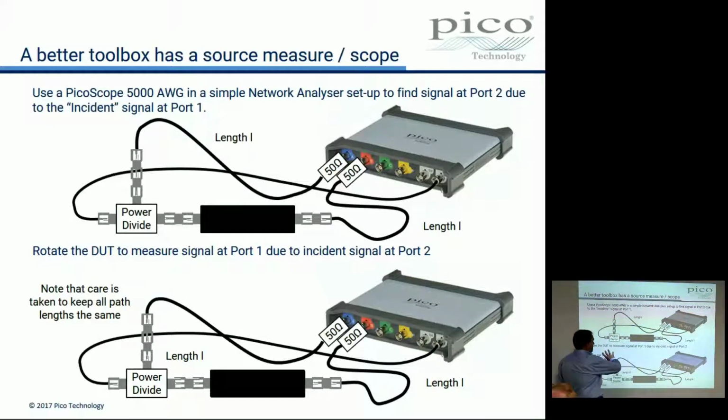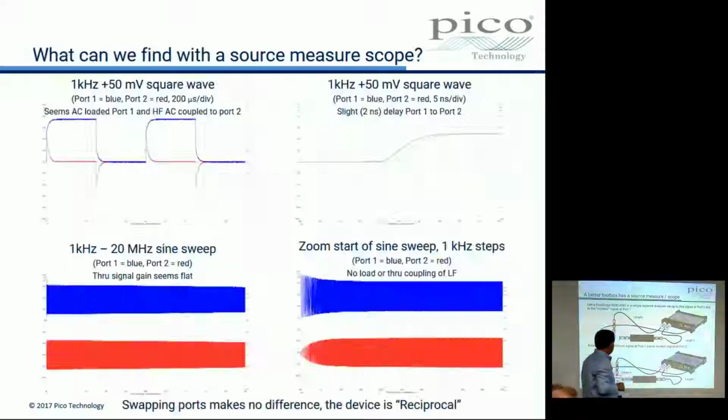And I arranged things such that I could rotate the DUT and do it the other way as well, because I don't know which is the input and which is the output at the moment, do I? And one thing that I've taken particular care on, and you see I had to use multiple adapters to do this, is that the length of this cable and the length of this cable are very, very accurately the same. You'll see why that's important in characterizing a device.